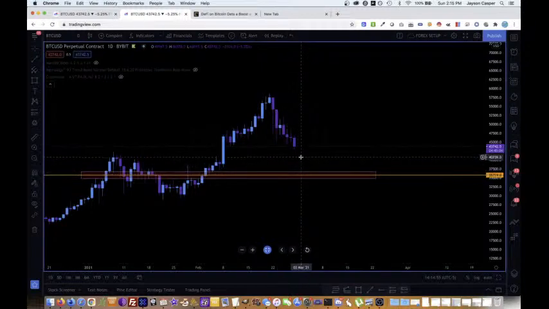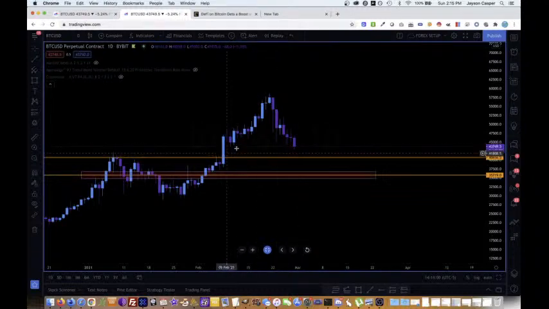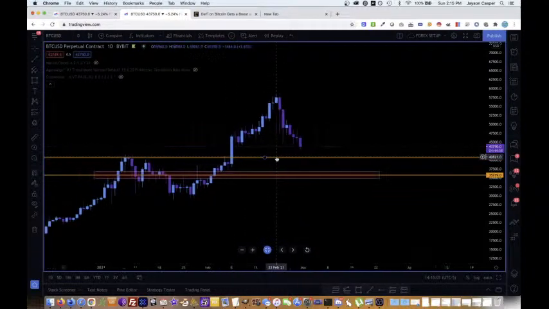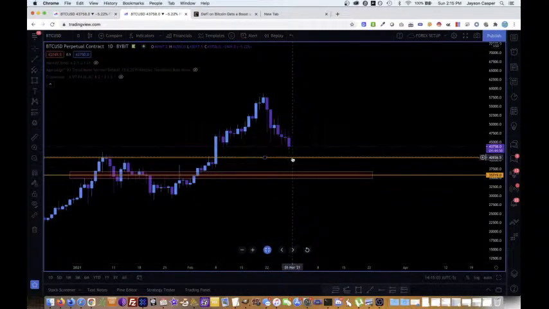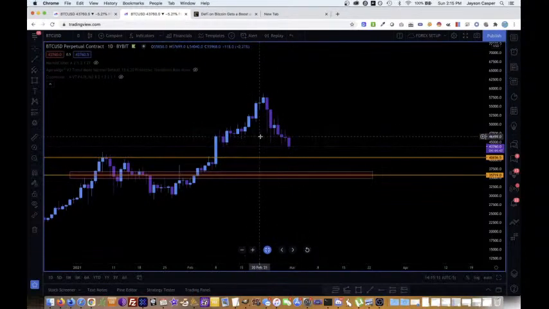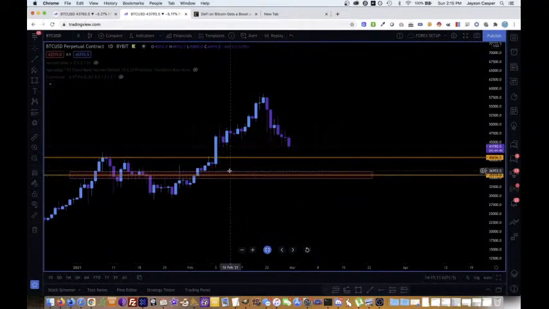Before we get to that level, though, we would have to break through this key level of around the $40,000 mark. And the reason for that is we have another strong support right here. If we break this level and confirm a daily candlestick underneath the $40,000 level, then we can start thinking about the $36,000 level.